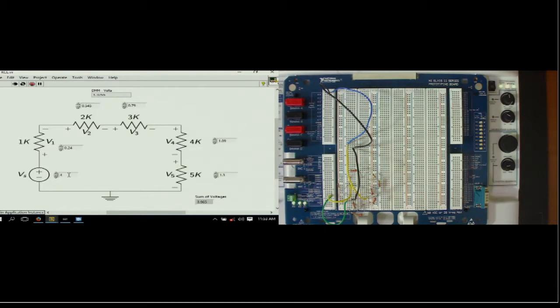We have 4 and there is a minus 4: the 4 of the source and the summation of voltage drops across all the resistors are in opposite polarities. One is in the clockwise direction and the other is in the counterclockwise direction. So both of them will add up to 0. In this way we can prove Kirchhoff voltage law of a circuit.